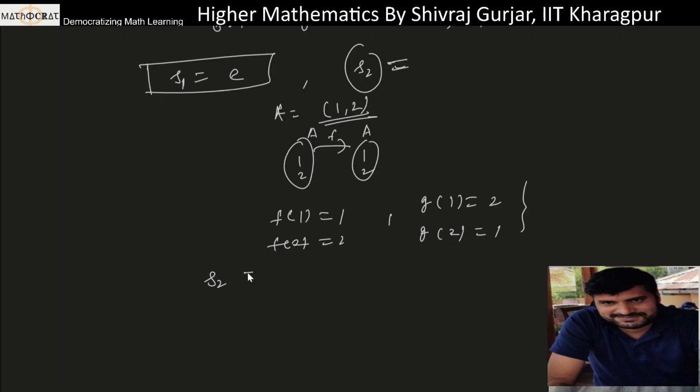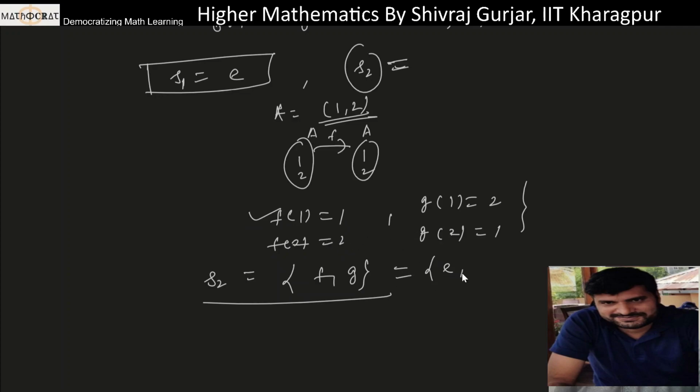So S2 will be either this F or this G, only these two elements. We'll see shortly that when every element goes to itself, like F1 is 1 and F2 is 2, this is the identity element of the permutation group.